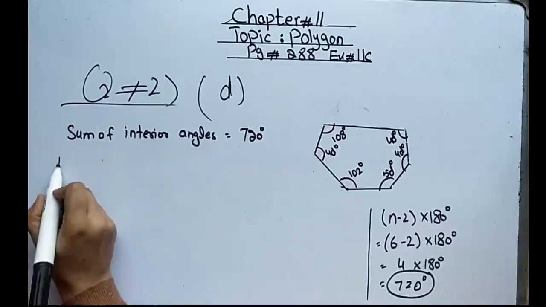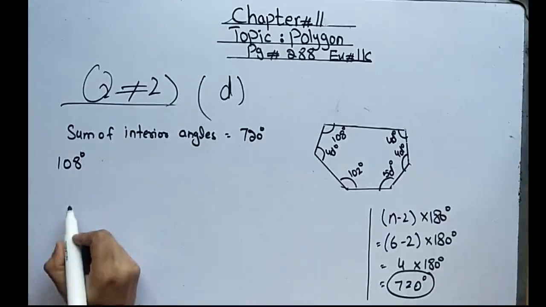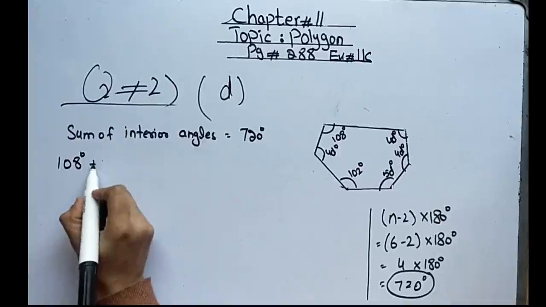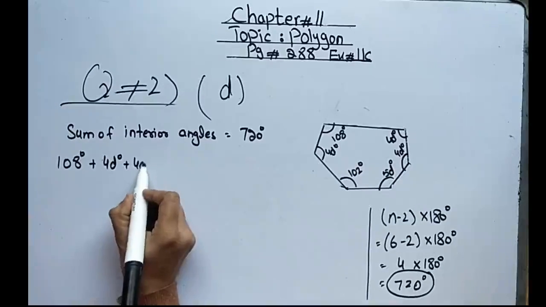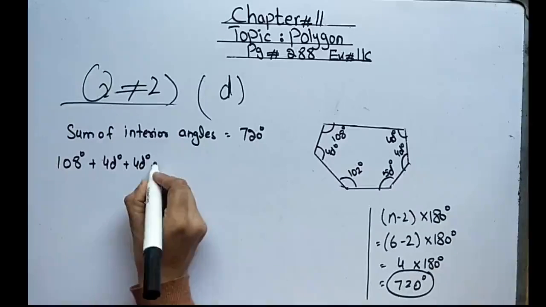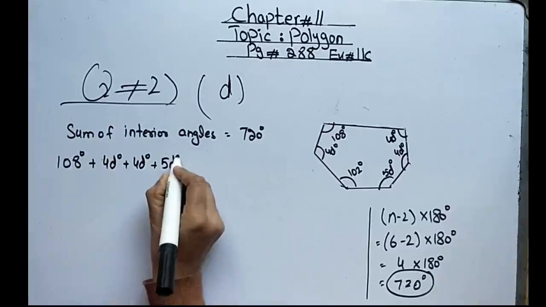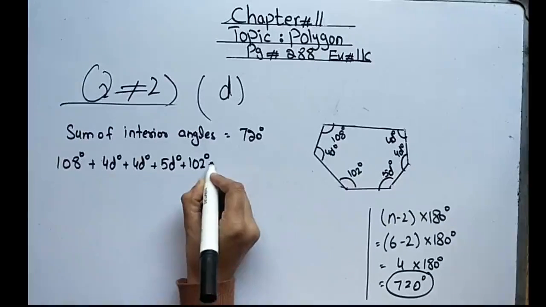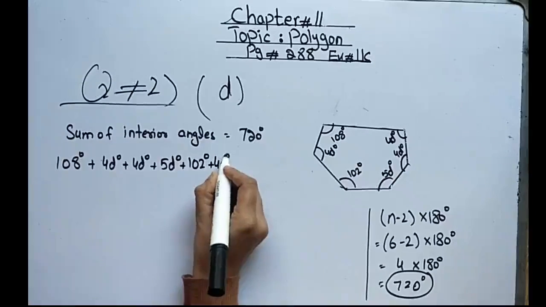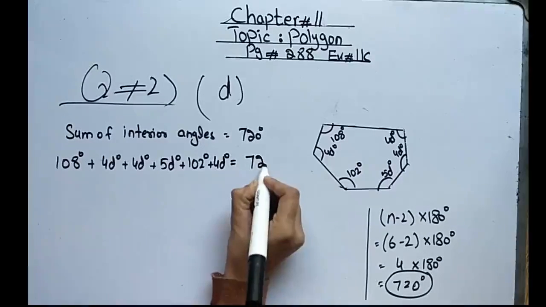So write down all the interior angles: 108 degrees plus 4D degrees plus 4D degrees again plus 5D plus 102 plus 4D degrees again is equal to 720.